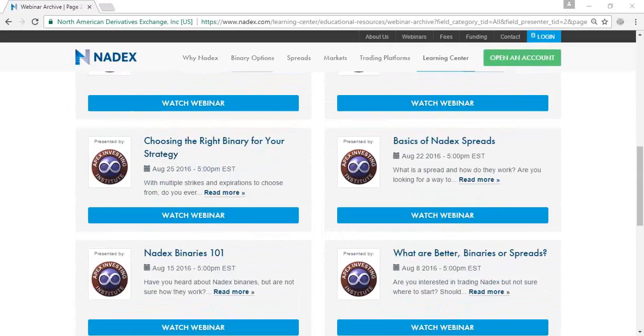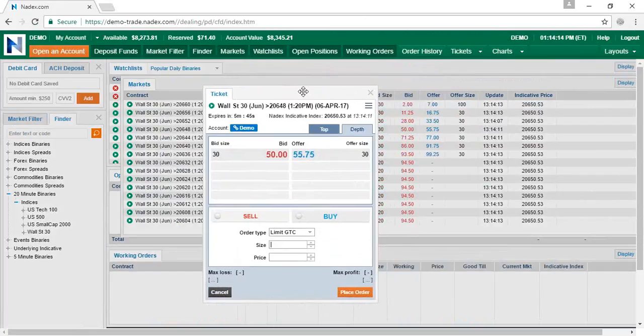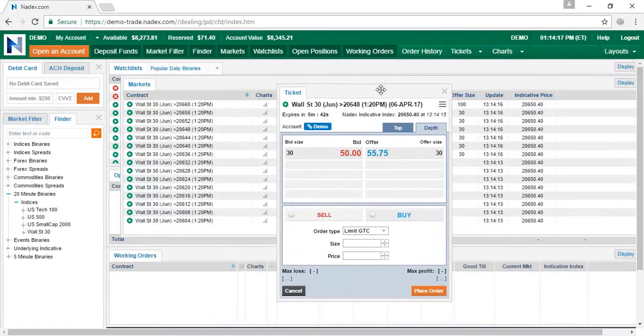Give me one quick minute, guys. Everything on my internet, my browser, and the Nadex platform is working fine. It looks like GoToWebinar is locked up. Let me just try one thing. Okay, how's that? Now we're good? Okay, there we go. I just had to reset it a little bit.